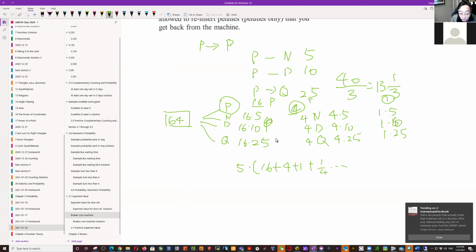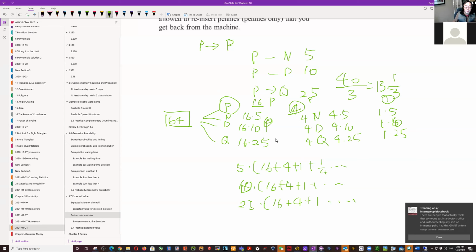The number of dimes you are getting is the same thing, 10 multiplied by 16 plus 4 plus 1 plus whatever. Then for the quarter, it's 25 multiplied by 16 plus 4 plus 1, and so on all the way.